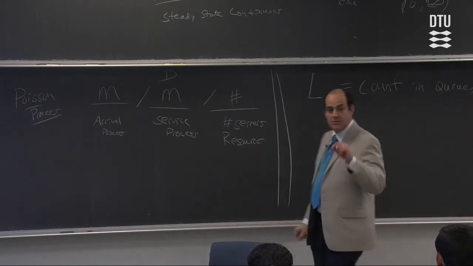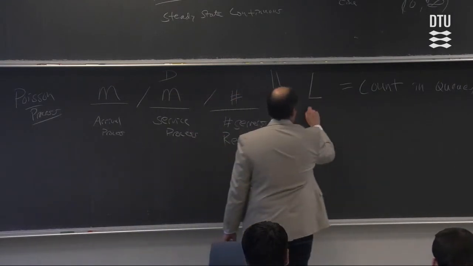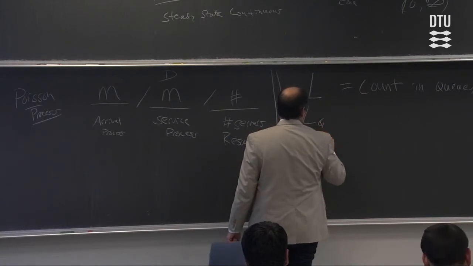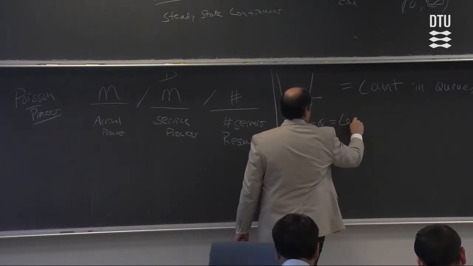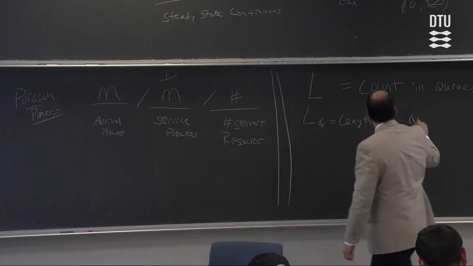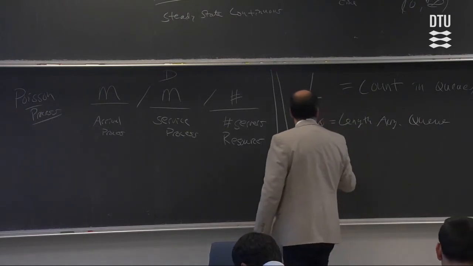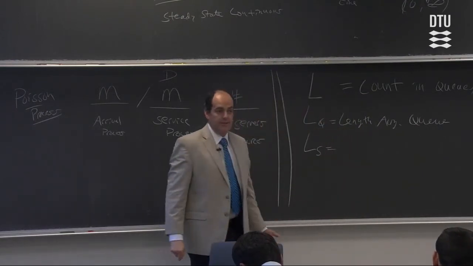So we have two subscripts to this letter L. We have L subscript Q, which is the average length in the queue. And then we have L subscript S, which is the average length in the system.